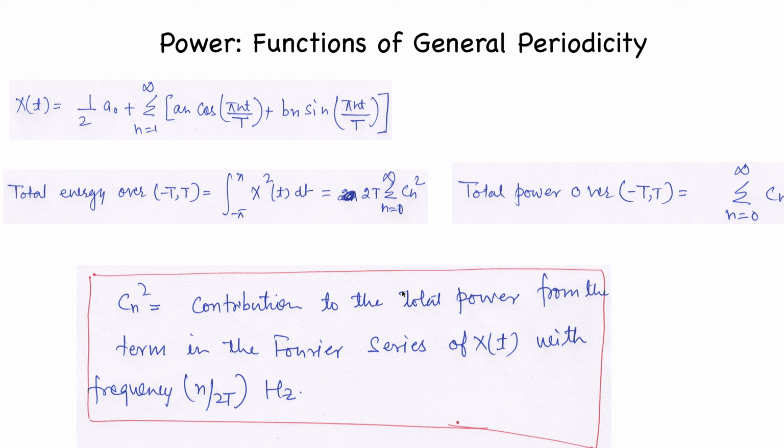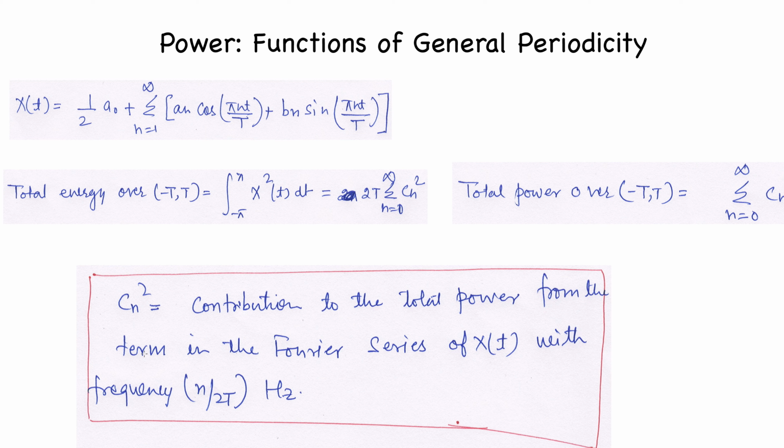In this case it is a function of general periodicity, where we can write the Fourier series like this, and the total power will be between minus T to T. In the time domain it will be the integration of x square t dt, but in the frequency domain, as we have seen from Parseval's relation, it will be 2T times the sum over n equal to 0 to infinity of c n square. If we divide the total power in this range by 2T, it will be the sum of c n square.